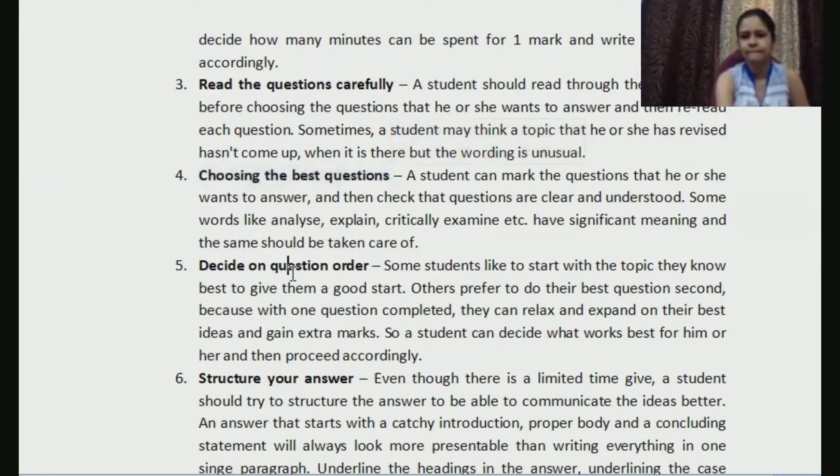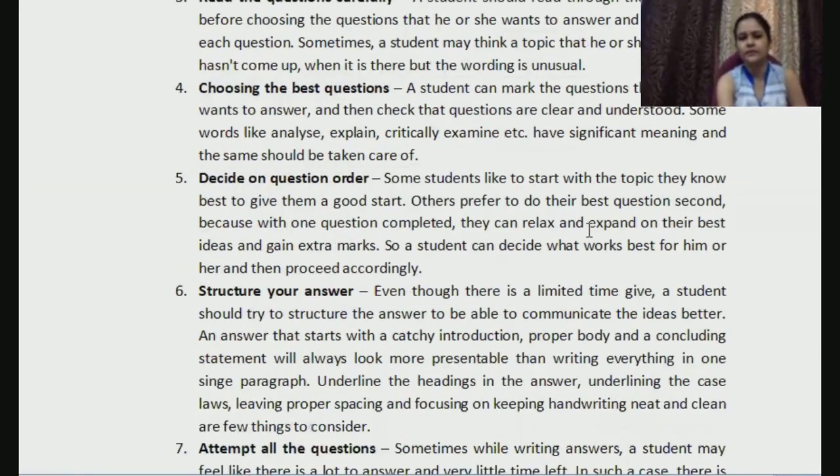Next is decide on question order. So what is question order? Question order means section A, section B, number 1, number 2, number 3, madam. Yes. So in your exam, you will have 5 questions that you need to answer for 10 marks, 5 questions that you need to answer for 6 marks.